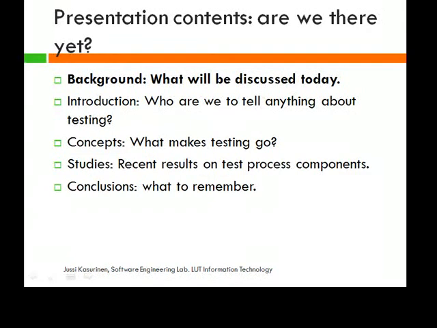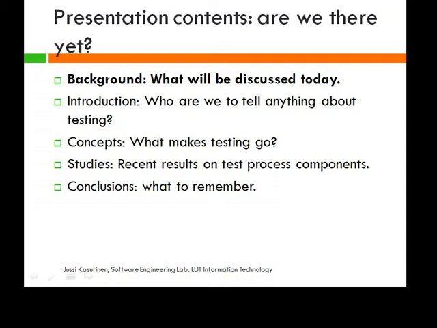So anyway, here's the quick structure of this presentation. The background, what will be discussed today, and continue by giving a quick introduction on my dissertation topic as an example for those students who are currently working at their dissertation, and to give a quick overview on what are my credentials, why am I here today giving you a presentation on software testing.